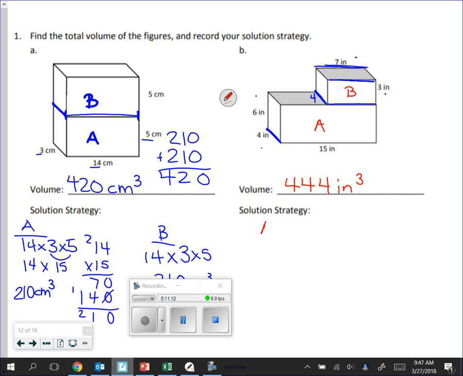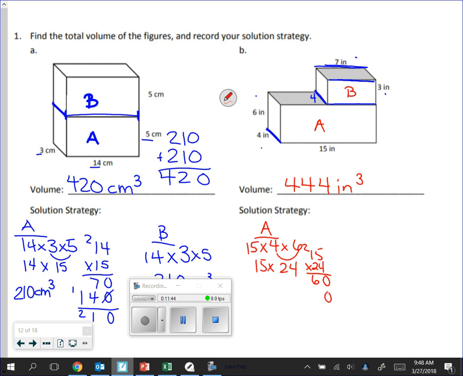So, with shape A, it gives you everything. Length of 15, width of 4, height of 6. So, I just want to multiply things one time. I know that this is 24, and 15 times 24, well, I can't do that in my head. I'll be like air writing, and I still get messed up. So 15 times 24, this is 20.